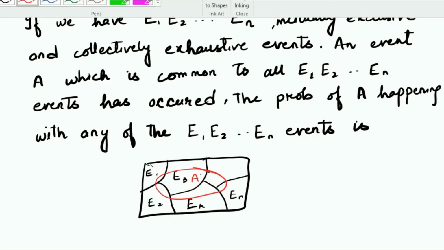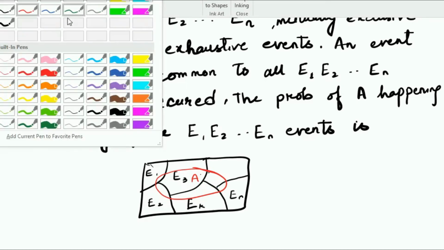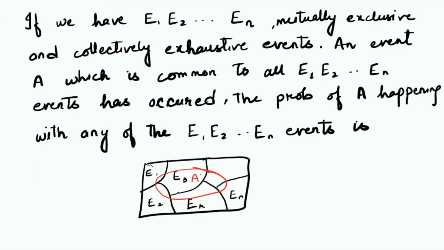Now if I ask you what is the probability of A happening from E3, then we use Bayes theorem. What is the probability of A which has occurred, but it has occurred from E3? Or what is the probability that A has happened from E2?